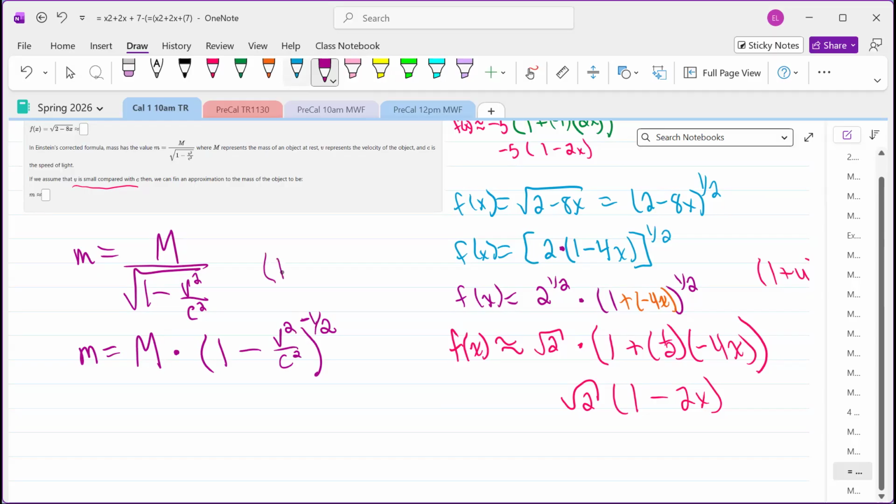All right, so remember our approximation formula is 1 plus u to the k is 1 plus ku. I have 1 minus thing to the k. So I'm just going to rewrite this as plus negative.